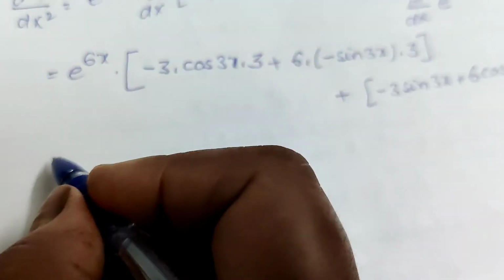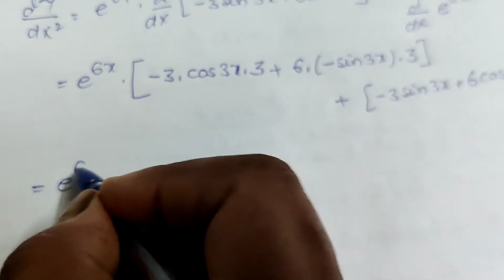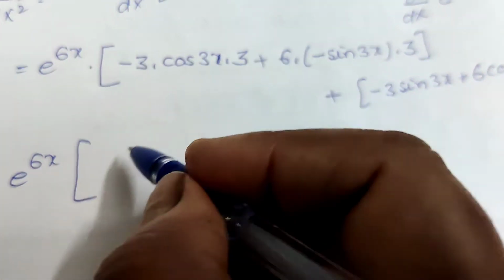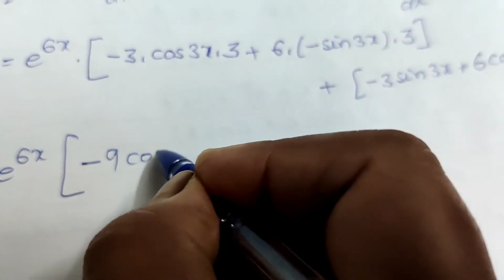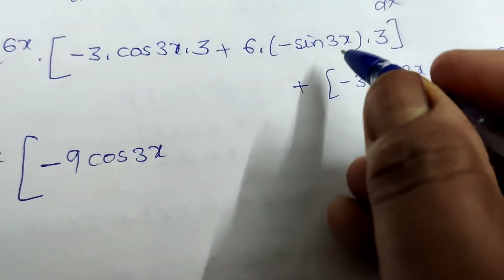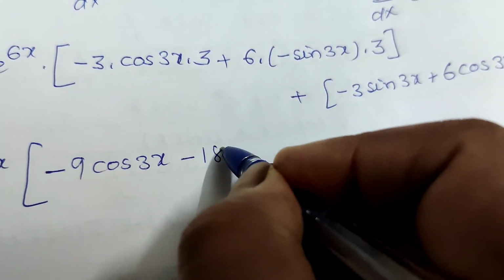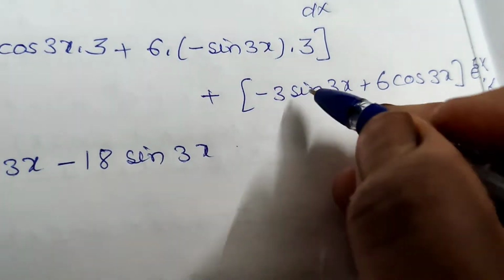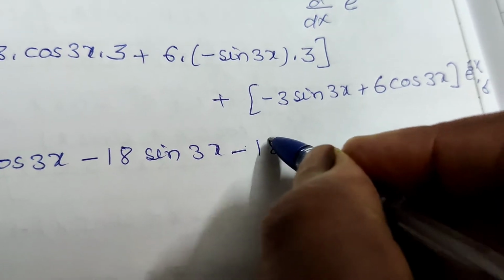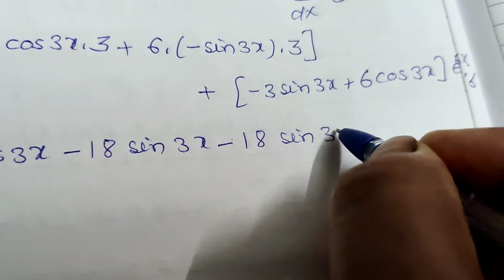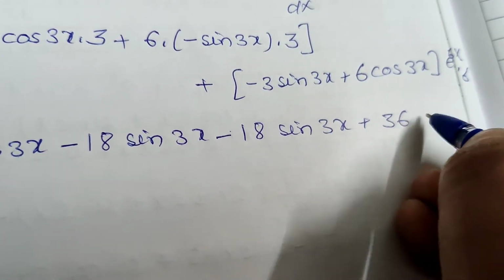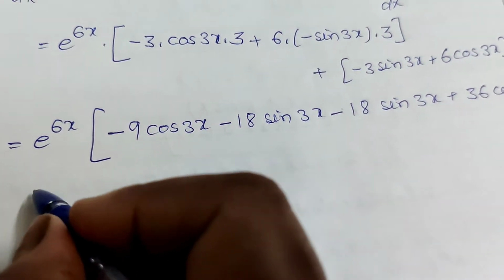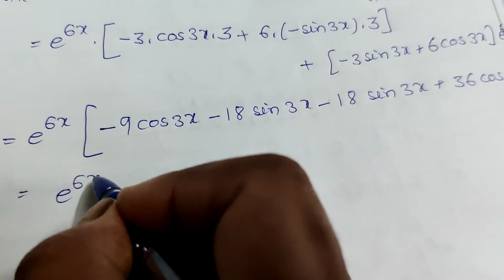Okay. Take e raised to power 6x common and compile the terms. 3 times 3 gives minus 9 cos 3x, minus 18 sin 3x. Here is the 6: 6 times 3 is 18, minus 18 sin 3x plus 36 cos 3x. Now compile e raised to power 6x.